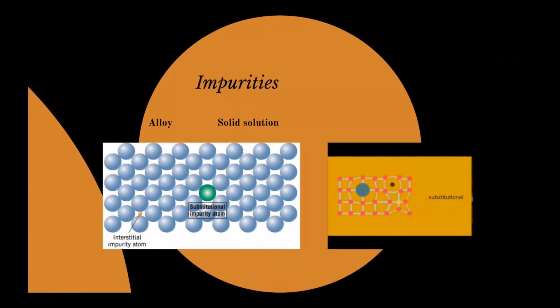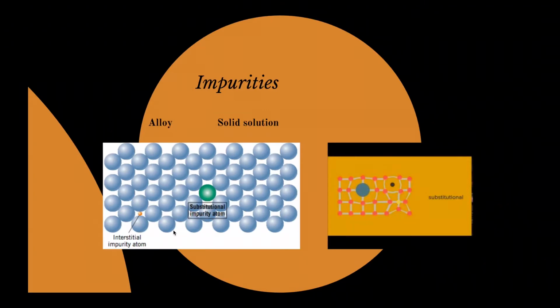And we also have another thing called impurity. Impurity is another atom. So you see here the blue one. Imagine that's the material's atom, and this orange and the green one are another atom, a different atom.